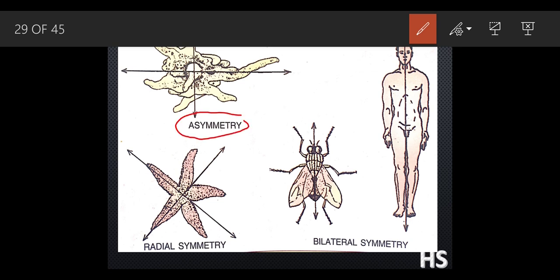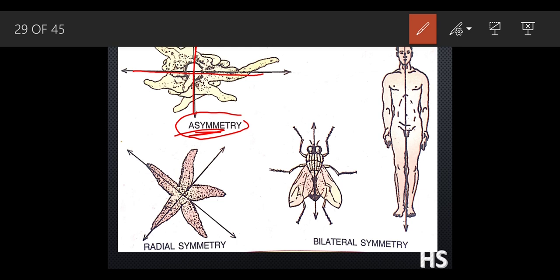Suppose this is an organism. This is an amoeba. If you look at the diagram, it has been divided into two parts like this. Can we say that this amoeba is perfectly divided? Obviously no. So we call this asymmetry. Asymmetry means the body parts are not exactly divided.